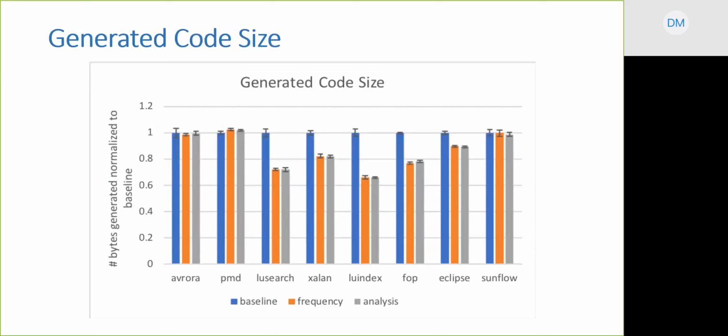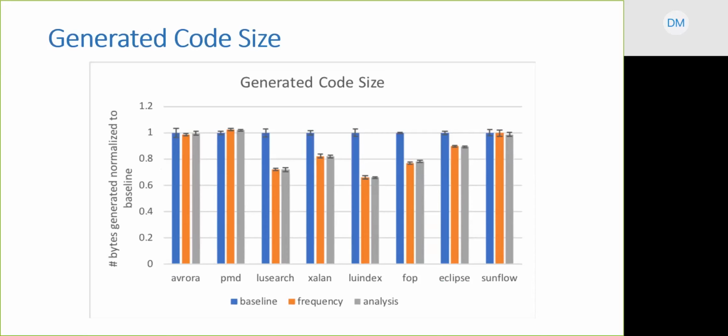There's a bit of difficulty in comparing the baseline inliner against the new inliners because the current multi-target inliner is capable of adjusting its budget at certain points based on heuristics, whereas this inliner is completely fixed. You give it its budget, it's going to stick to that budget. It's not going to increase it or decrease it depending on what it sees. So it can be a bit of a moving target that you're trying to compare to.